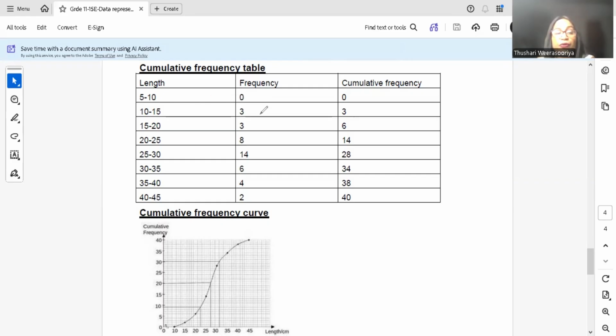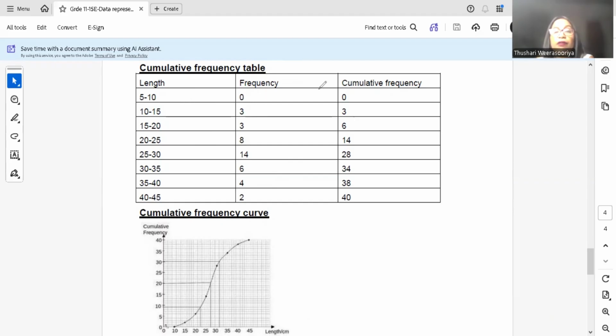Now you draw the cumulative frequency curve. To draw it, you must have a cumulative frequency table. These are the data they give, 5 to 10, 0, 5, 15, like that; you get the frequencies. When you have a lot of numbers, you get this data in class intervals.